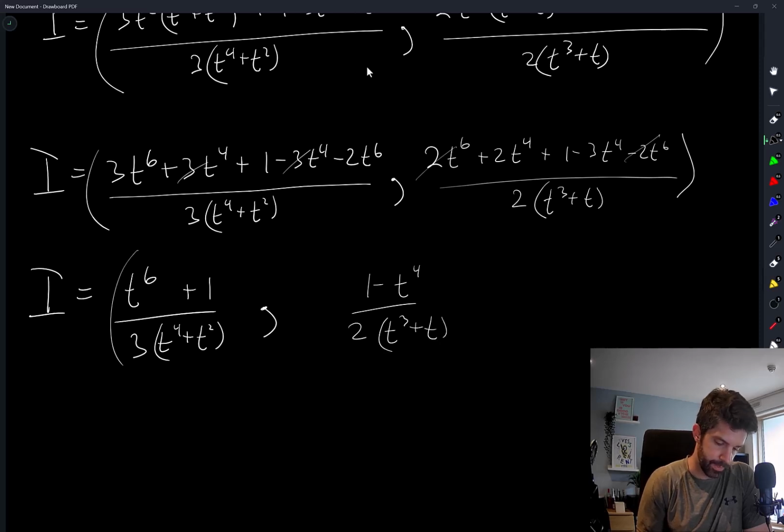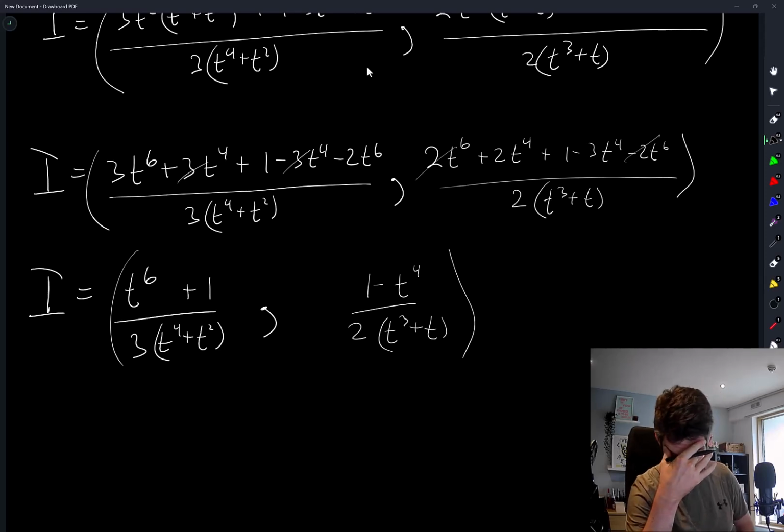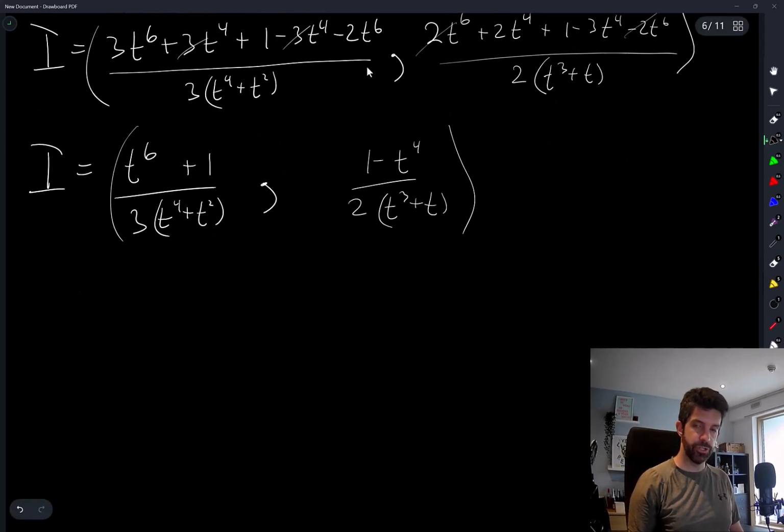Okay, a little bit simpler than before, more simplified expression, but here's my parameterized curve of the intersections. And I need to show that 4 times that squared is equal to 3 times that minus 1.